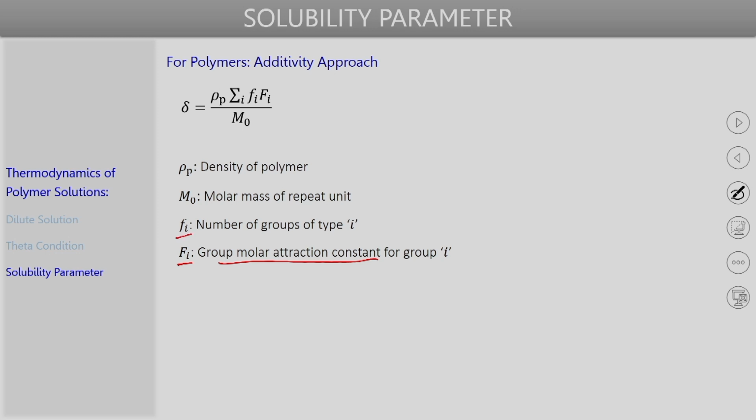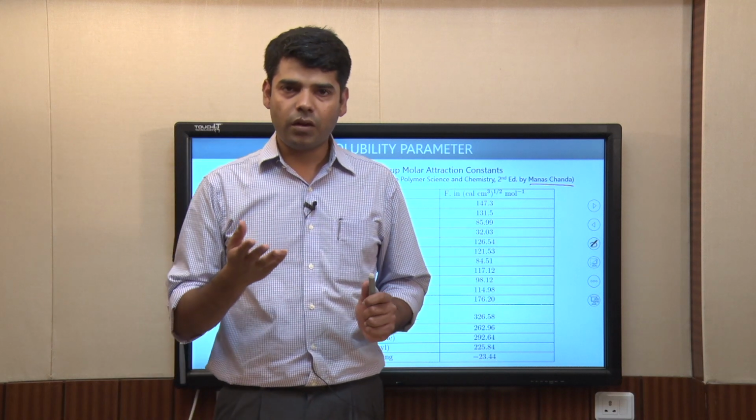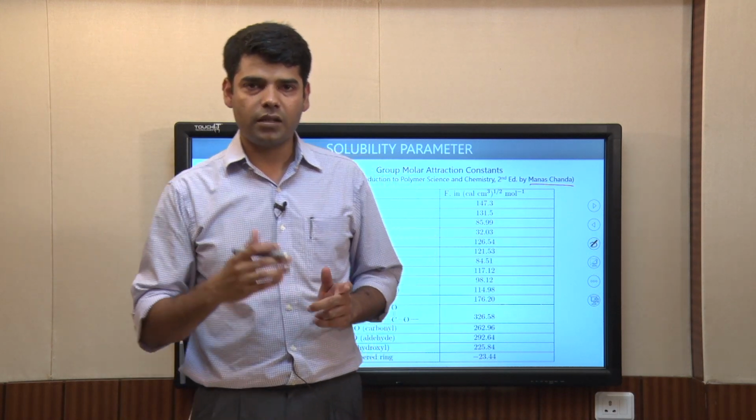The small fi is the number of groups of a particular type present in a given repeat unit. A representative table for some typical groups found in polymer molecules is provided here, adapted from a book by Manas Chanda, which itself takes these values from the work of Hoy and Small and other researchers.